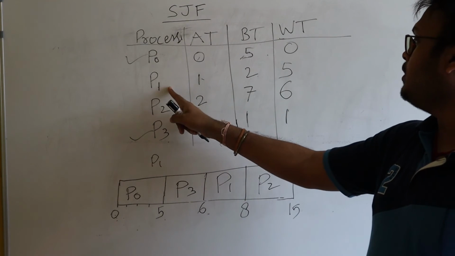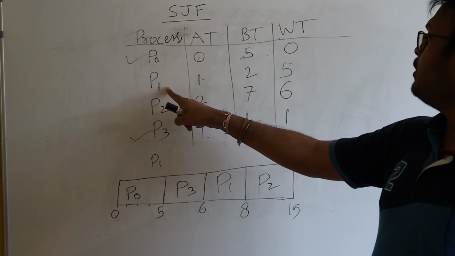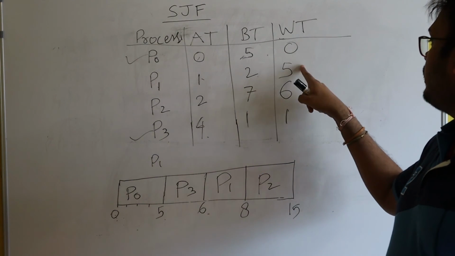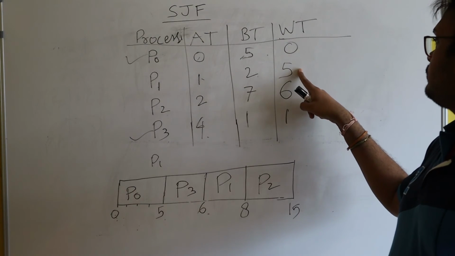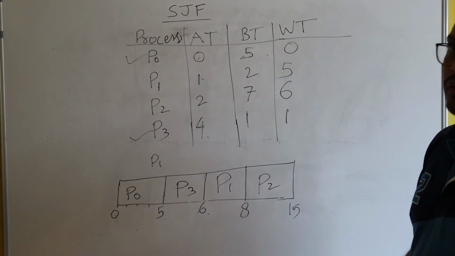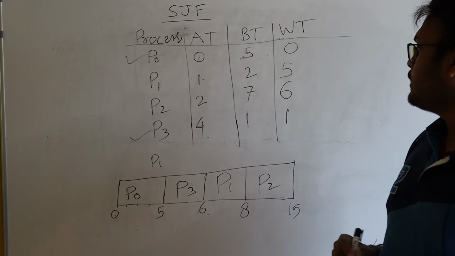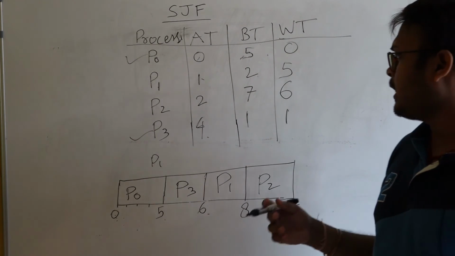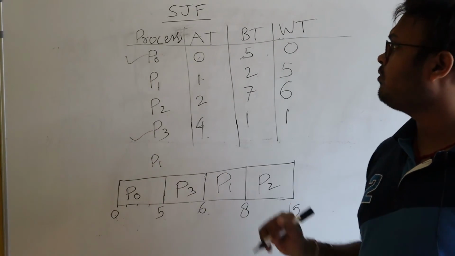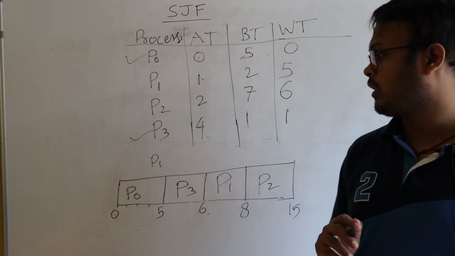Also, you can see P1 arrived before P3, and P1 waited longer than P3. Why? Because P1 had larger burst time than P3. Okay. So it's a very small example, but I think it's enough to make you understand how starvation for longer jobs happens in SJF algorithm.